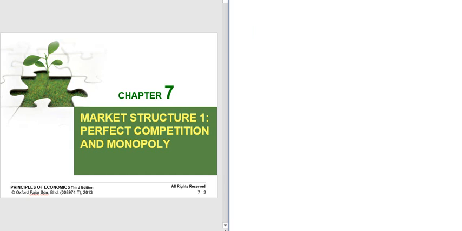Or if you are selling vegetables or other raw materials like chickens, you are actually in a different market structure. It depends on what type of products you are producing and how many firms or sellers there are in the market. That is how you differentiate between the different market structures available in an economy.